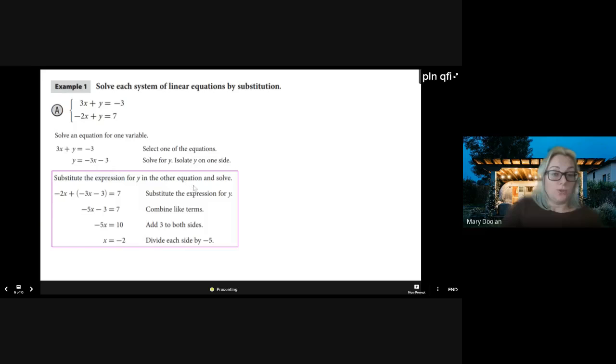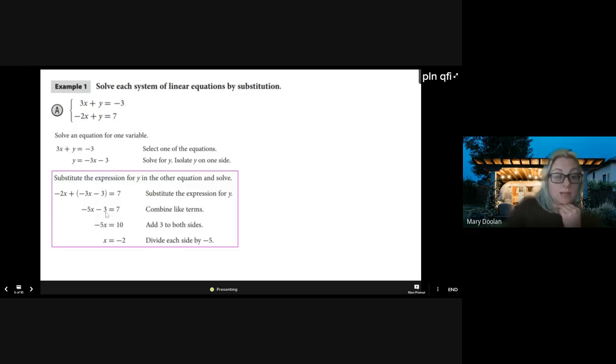Then we're going to solve this. These parentheses are here because I substituted, but they're not really doing anything besides showing me where I replaced y. So this term, -2x, and this term, -3x, we're going to add them, which gives us -5x.